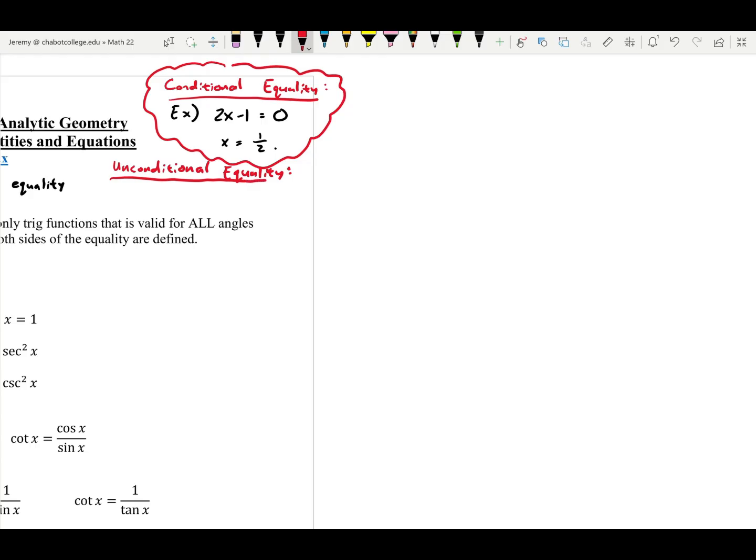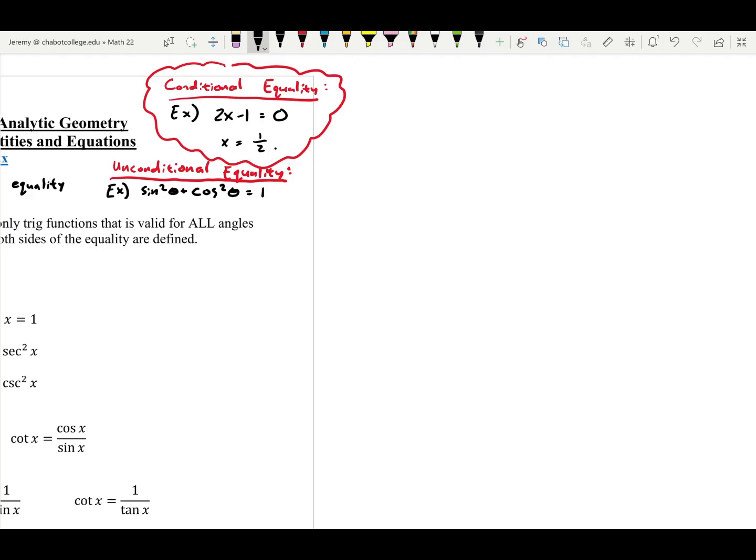Unconditional equality is when we might have some kind of equation, for example, sine squared theta plus cosine squared theta is equal to 1. There's a big difference between this equation and 2x minus 1 equals 0. In this equation, it turns out that this is true for any value of theta.